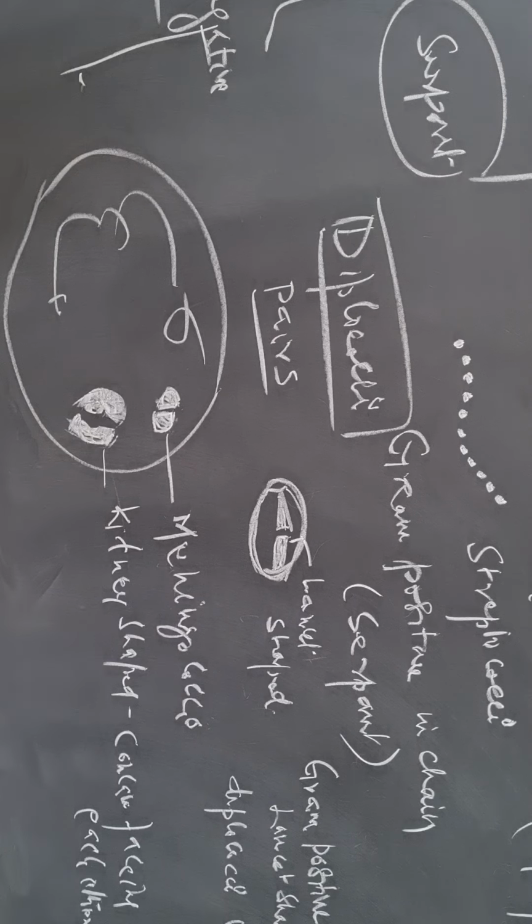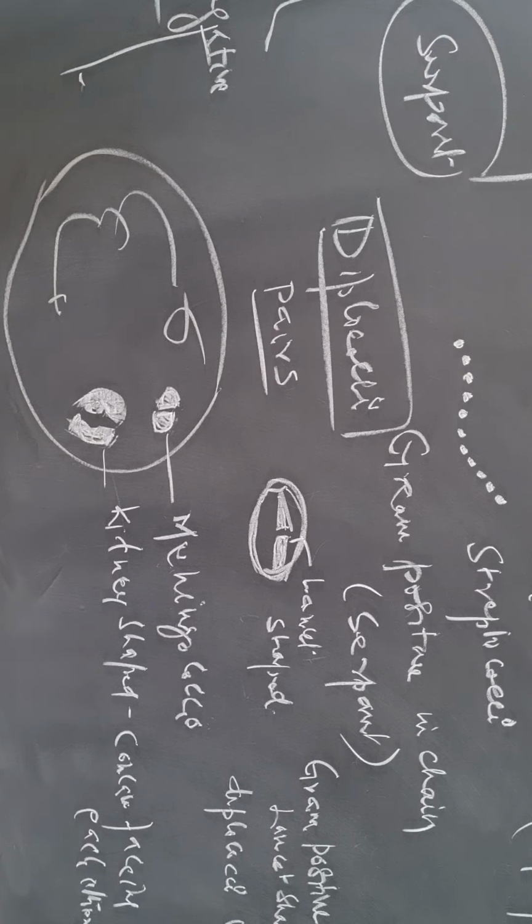Pneumococci: lancet shaped or flame shaped, broader ends facing each other. Two cocci enclosed in a single capsule. The next two cocci are gram negative.